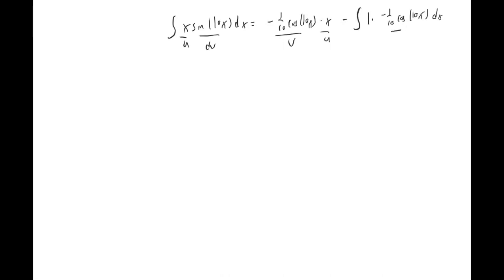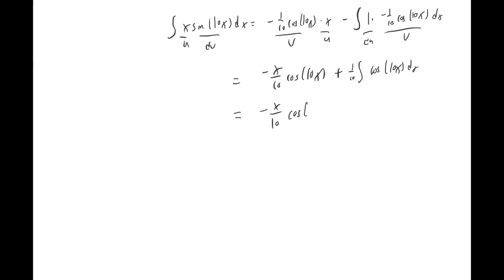So this is v, this is du. So I get negative x over 10 cosine of 10x. Minus minus becomes plus, and I have 1 over 10 cosine of 10x dx. And this becomes easy now, right? This is just 1 over 100 sine of 10x plus c.